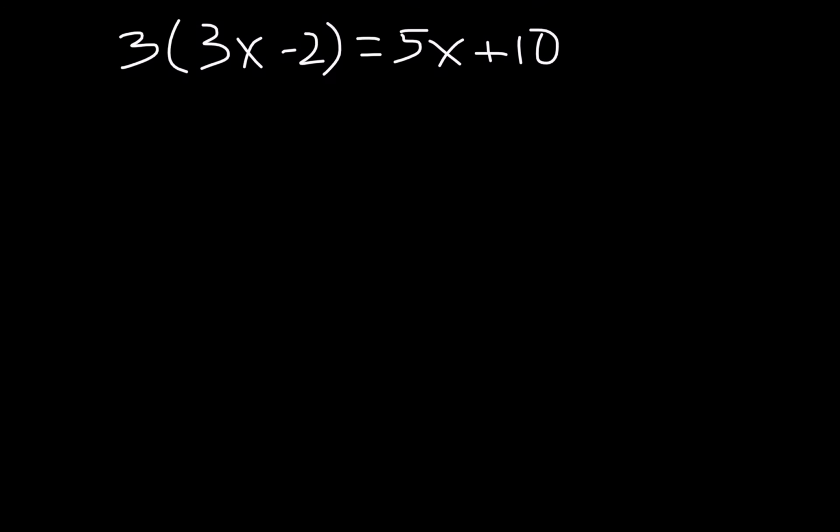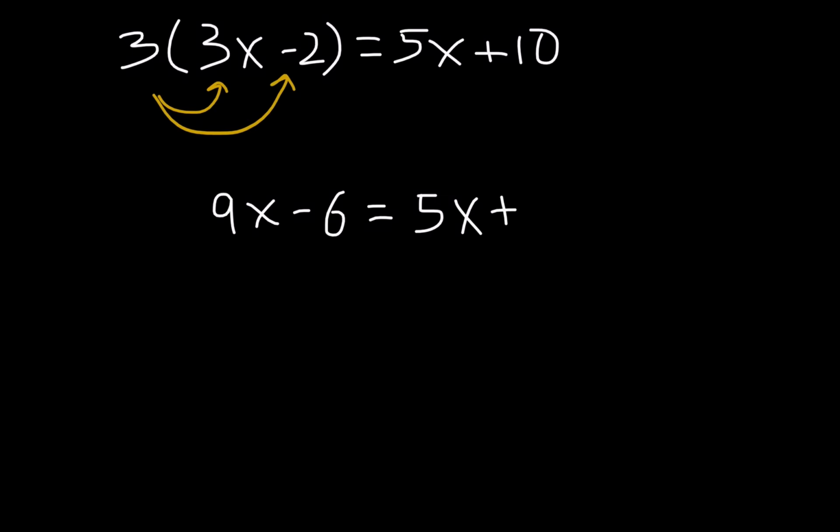Whenever you see a bracket in a question, it is generally best to expand it first. We can expand this by multiplying the term in front by the two terms inside. So on the left hand side you get 3 times 3x, which is 9x, minus 3 times 2, which is 6. So you have 9x minus 6 is equal to the same right hand side, 5x plus 10.